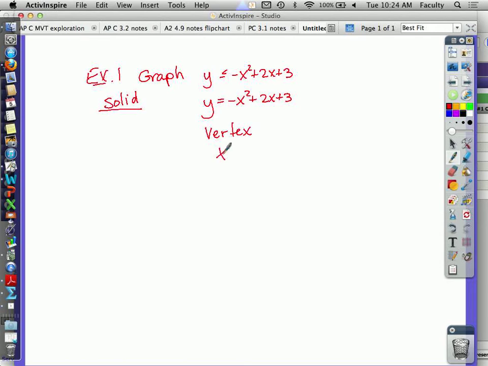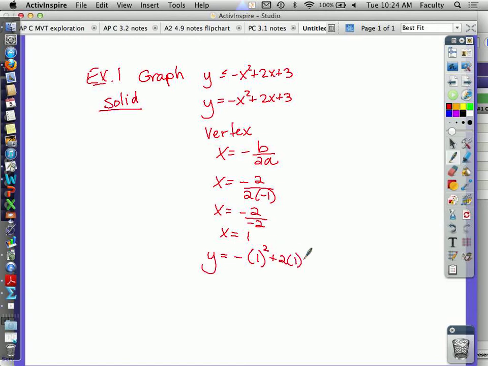So the vertex, we do x equals negative b over 2a. So this is negative 2 over 2 times negative 1. That's negative 2 over negative 2, which is 1. Now I need to find the corresponding y value. So I go to the equation and I have a negative out front, 1 squared plus 2 times 1 plus 3.